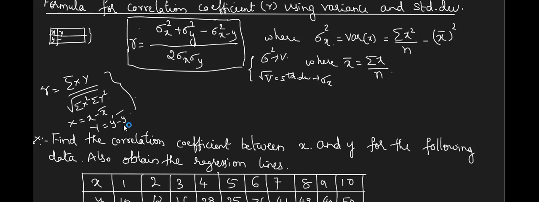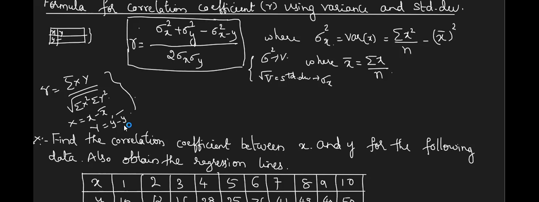Summation of x square means you square the given x values and add them.